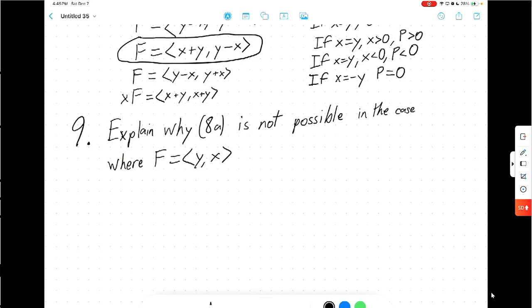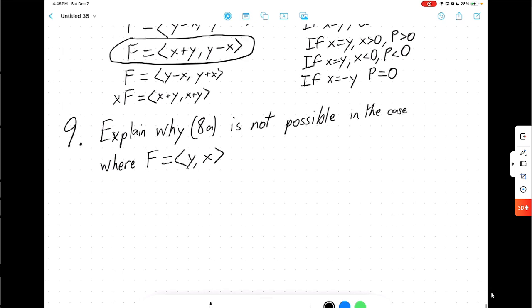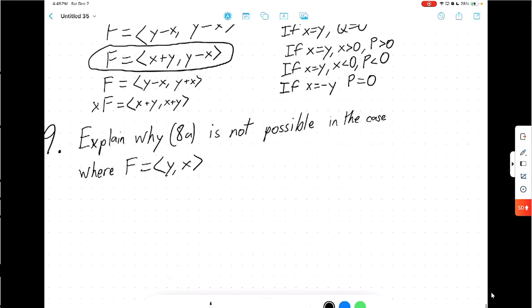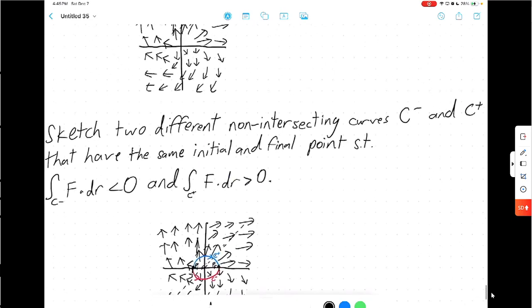Oh, so explain why 8A is not possible with f of y, x.